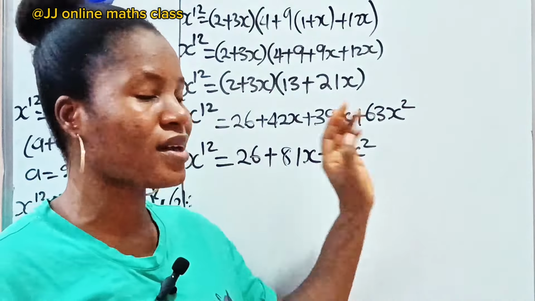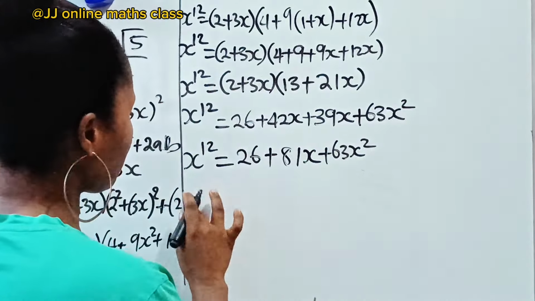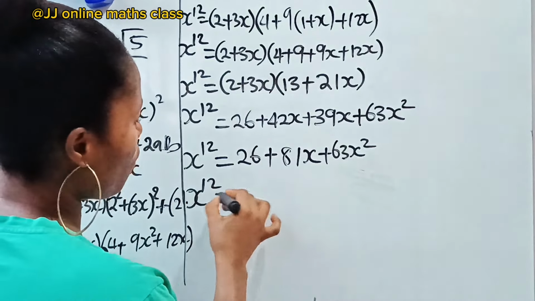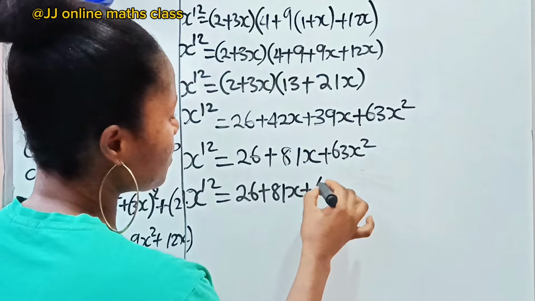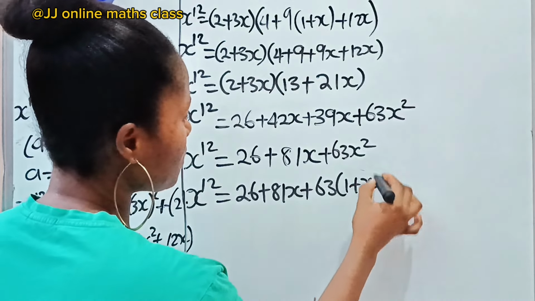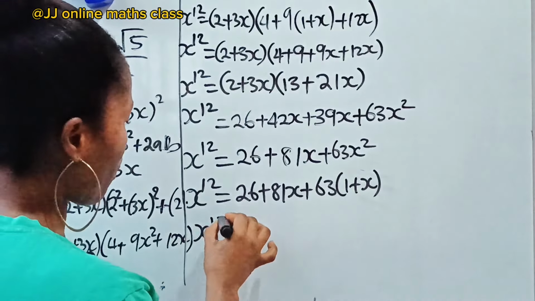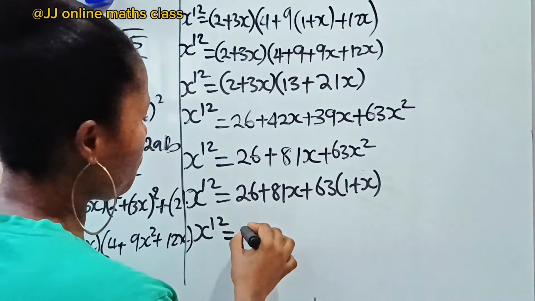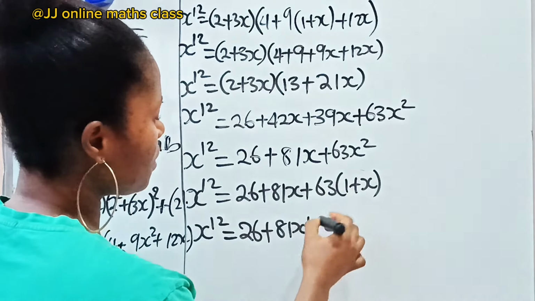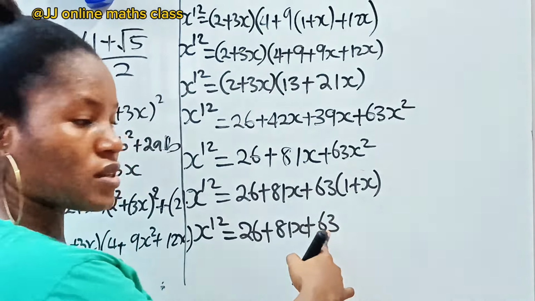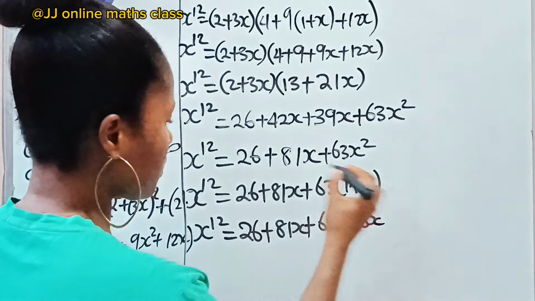Anywhere you see x squared, always replace it with 1 plus x, okay? So we are going to have that x to the power of 12 is equal to 26 plus 81x plus 63 brackets 1 plus x. Okay, so we have 26 plus 81x plus 63 times 1 will give us 63, plus 63 times x will give us 63x.